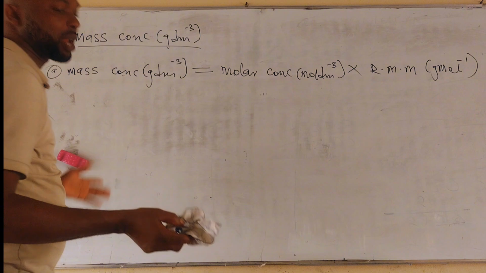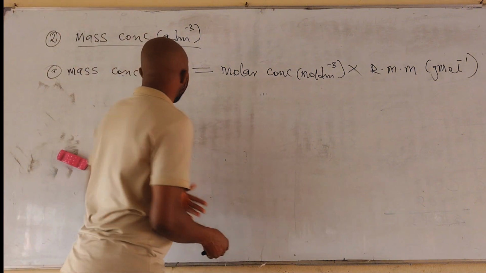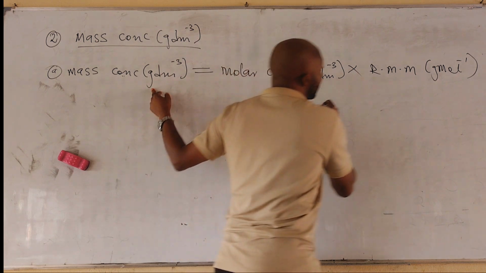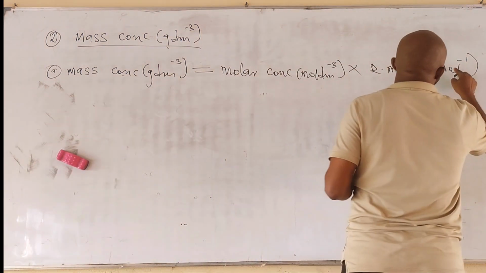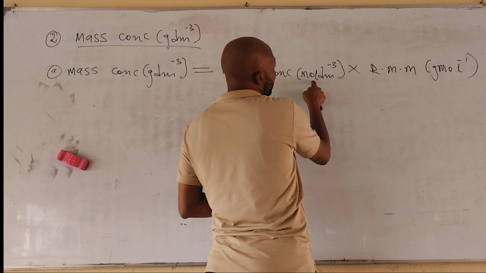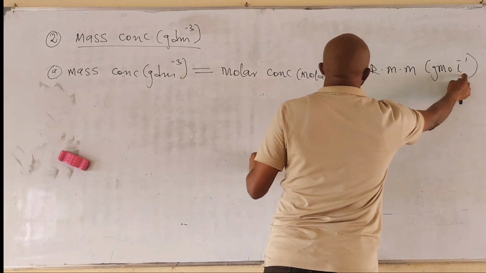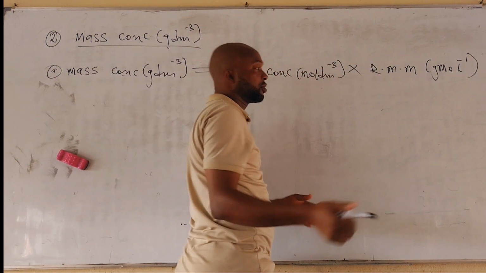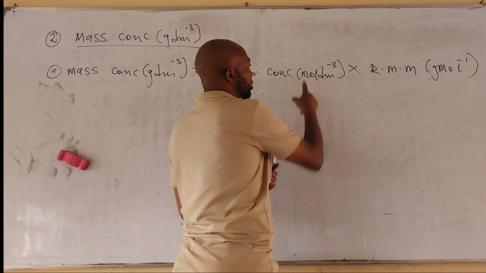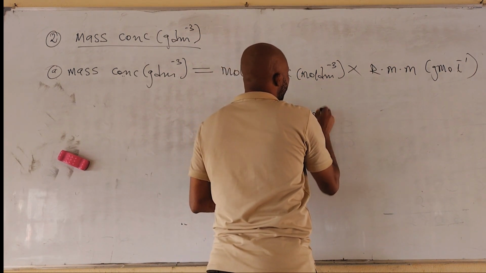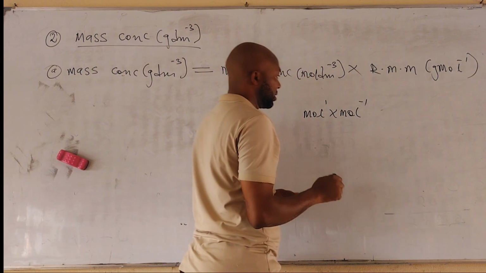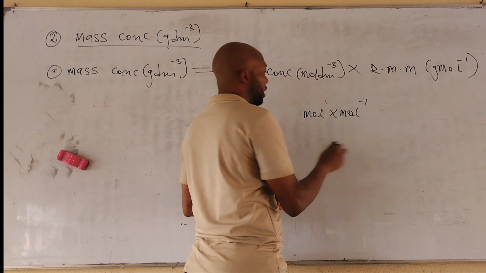So if you multiply these two, the formula for mass concentration is in g/dm³, now this is g/mole. Let's be clean. Mole and mole will go out. According to indices, you should remember when numbers with equal bases are multiplied, the powers are added. So this is mole raised to the power 1 times mole raised to the power minus 1, which says we should add their powers.